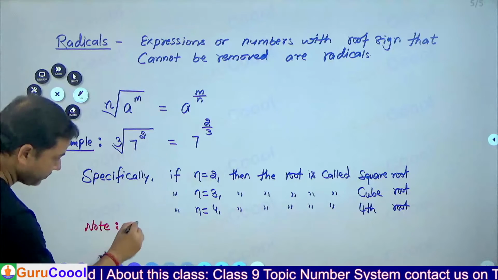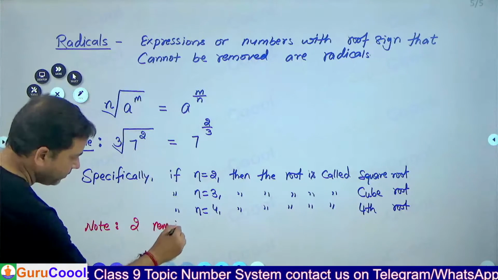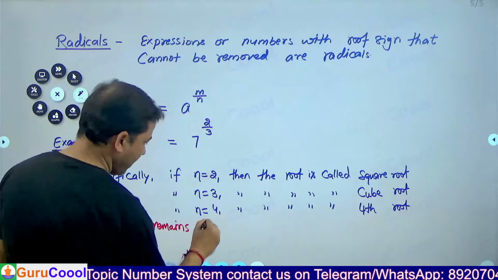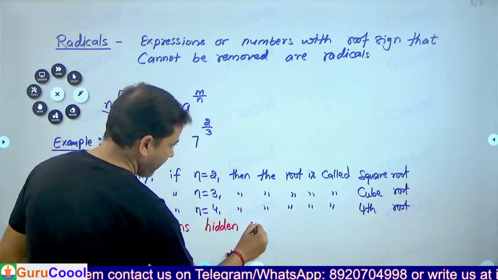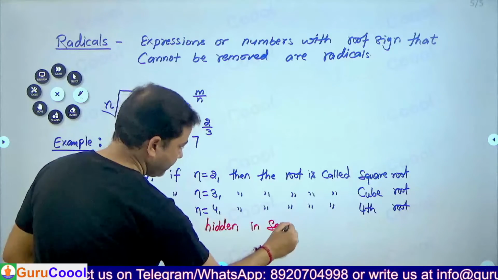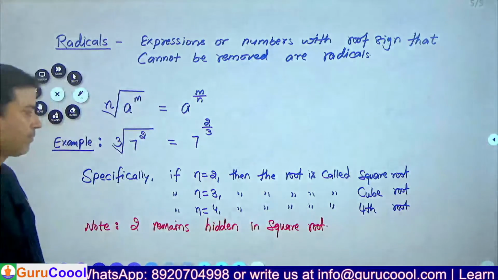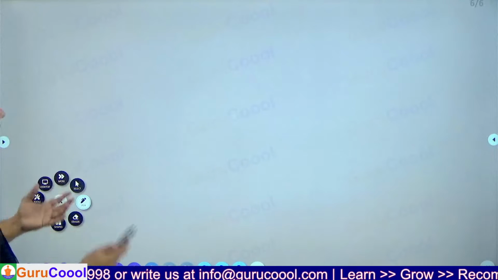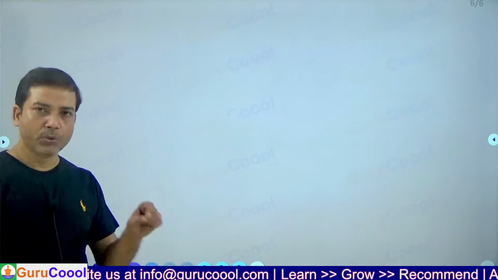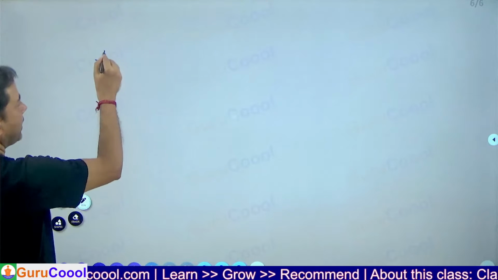Note, 2 remains hidden in square root. So we never write 2 if we have to write a square root of 2, a square root of 4, square root of anything.